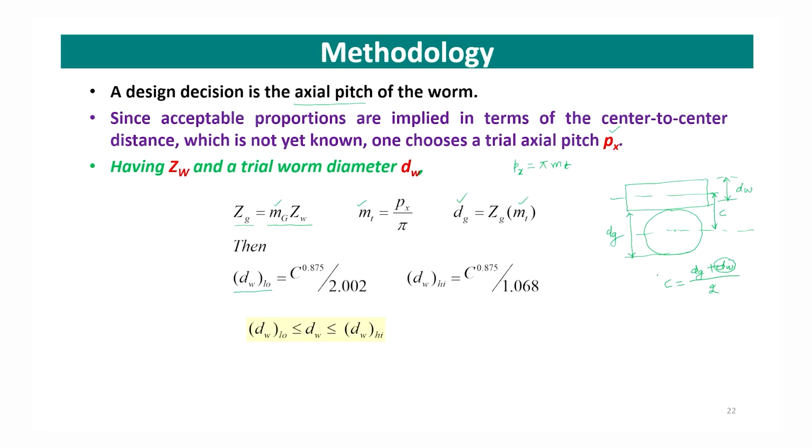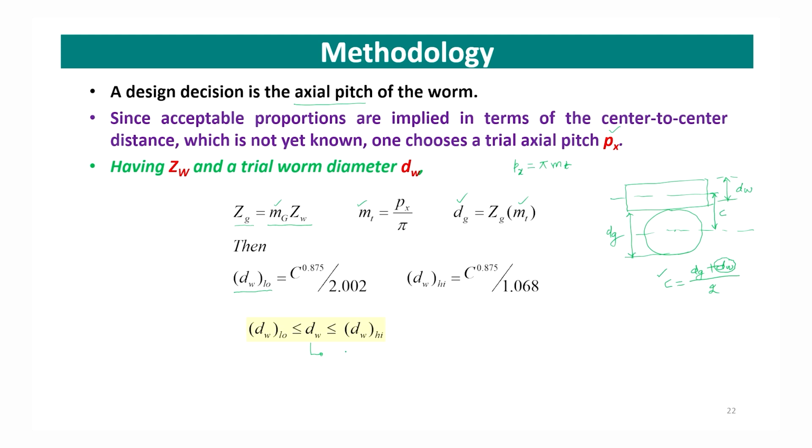This is a first trial center distance c based on our trial dw, and we will see whether the center distance which we are getting provides the dw within this range or not. If not, then we will again choose a new value of dw which is within the range of dw lower and dw higher. Then it will be the second value of dw.